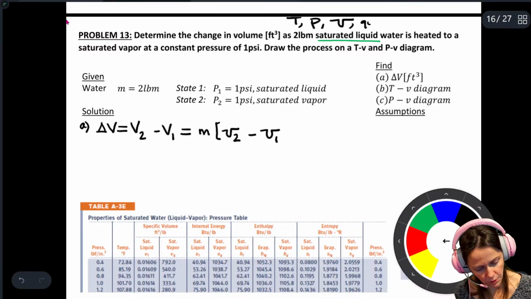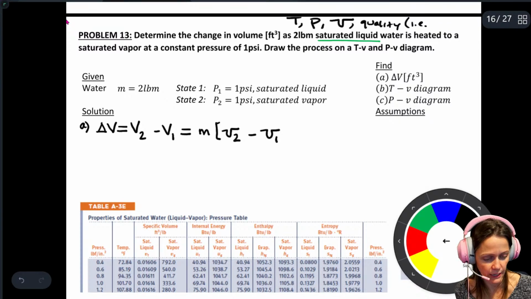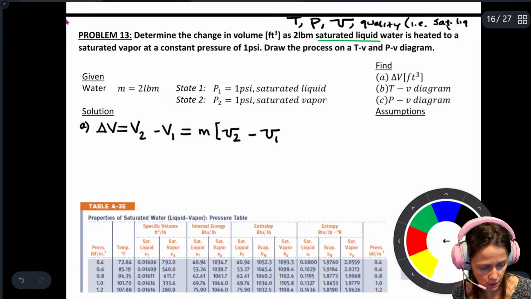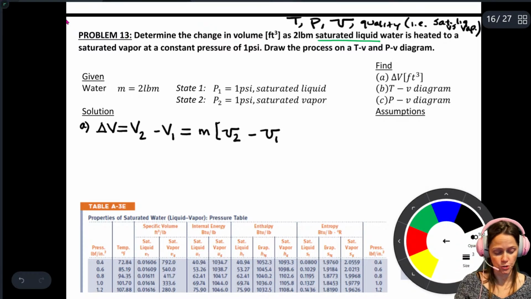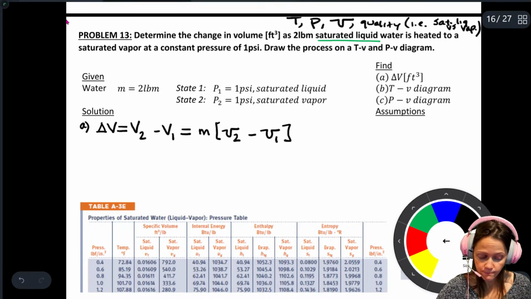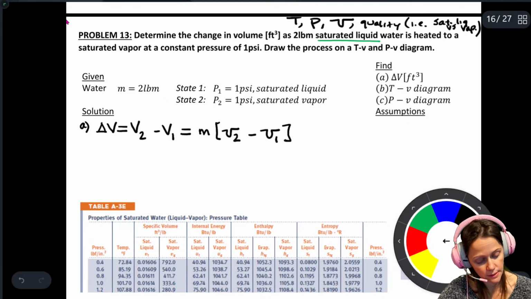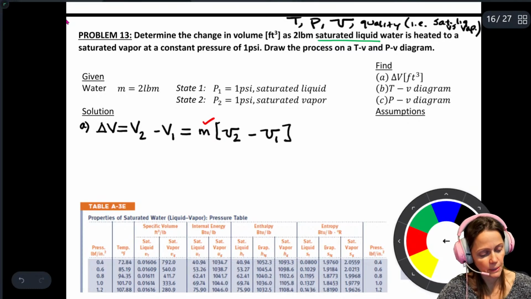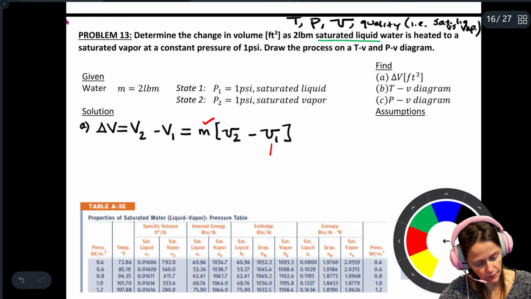So I'll put over here, you know, quality, which we'll get to, but i.e., is it saturated liquid versus saturated vapor, or some mixture of the two. Okay, so I've got the mass, right? That's given to me, but I do need to figure out V1 and V2.